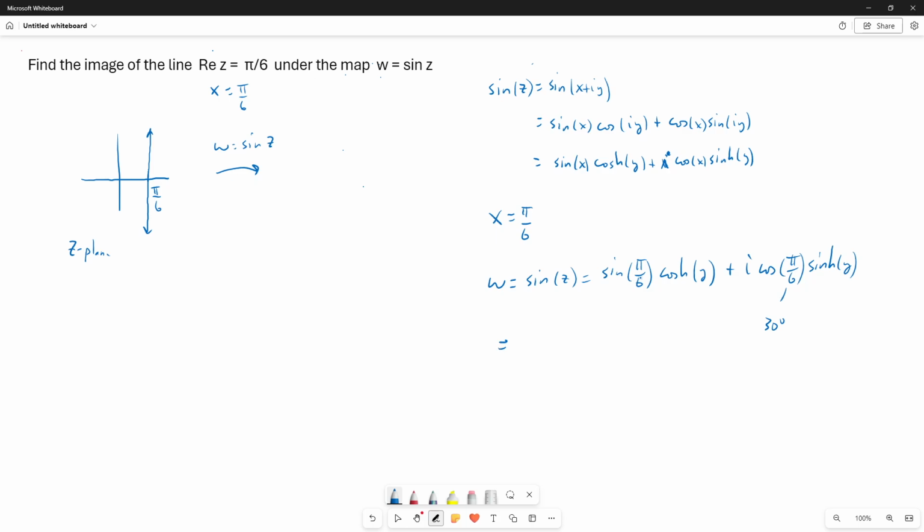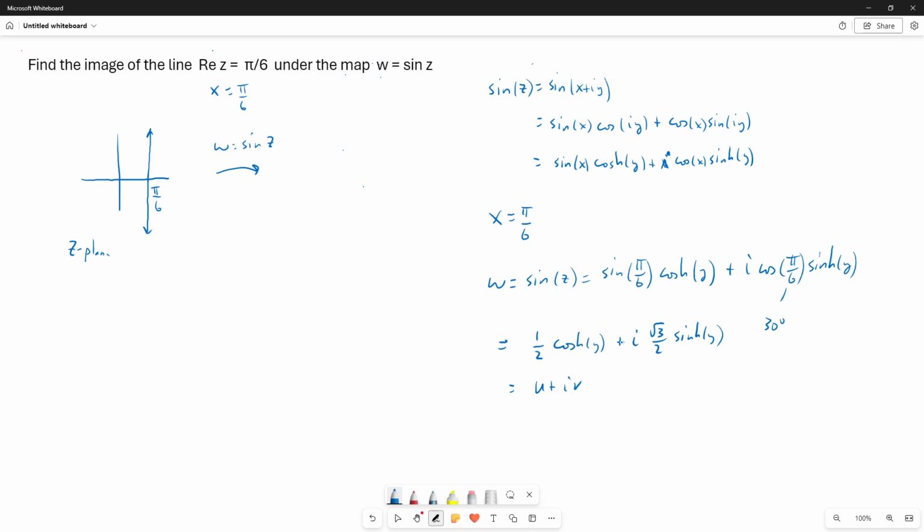So the sine of pi over 6, 30 degrees, is 1/2. And the cosine is the square root of 3 over 2. So we have some numbers there. And this is u plus iv, because w is equal to u plus iv. And now we would like to find a relationship between u and v.